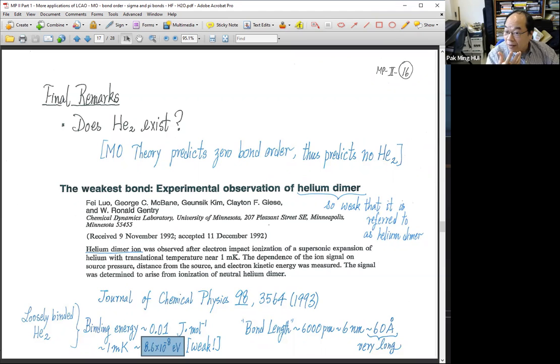So, you know, any reasonable temperature will dissociate this thing. And how long is the bond length? For the experimentalists, they observe two helium atoms tend to stay around each other, but at a long distance, 60 angstrom. So it's a very weak bond. That's why their paper has the title, The Weakest Bond.